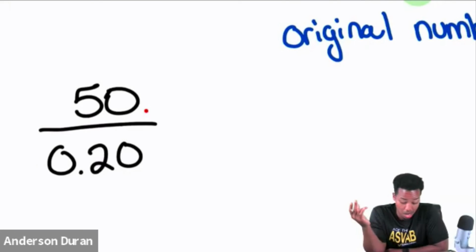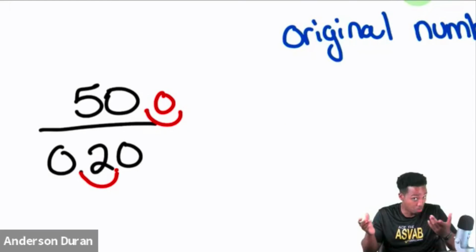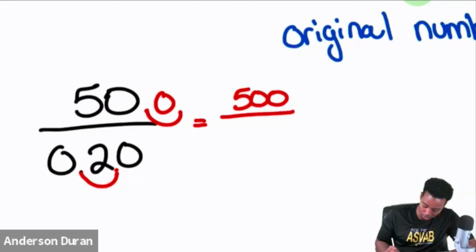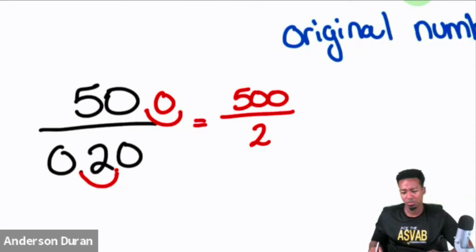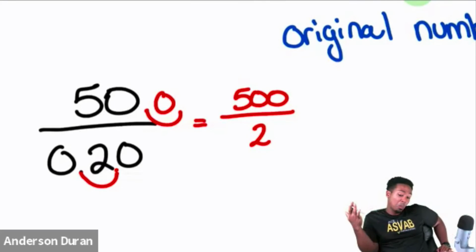Whatever you do to the bottom, you must do to the top. So what if I got a little brave and said, I'm going to move this decimal place over one time, to make it the same thing as 500 divided by 2. Would that make anybody feel a little more at ease?